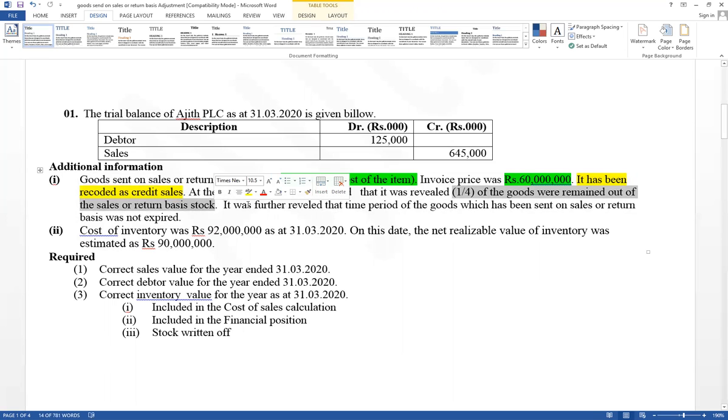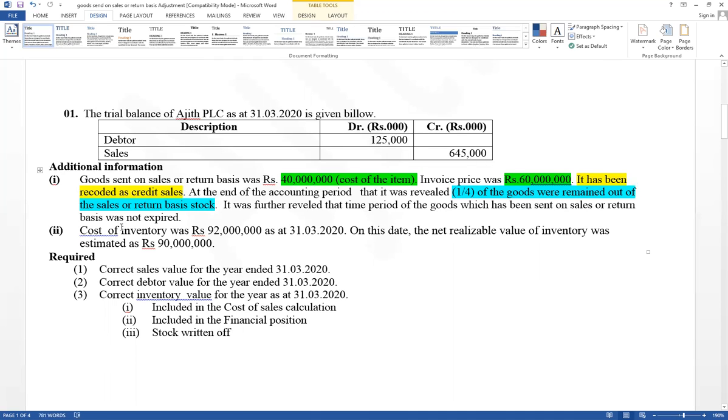At the end of the accounting period, it was revealed that one quarter of the goods remained unsold out of the sales or return stock. At the time of sending, it was recorded as a credit sale and 60,000 was included in debtors and sales, but at the end of the period one quarter was not sold. It means three quarters were sold, but the total value should not be recorded. One quarter was not sold, and the time period had not expired. Therefore, it affects debtors and sales: debtors account debit, sales account credit.